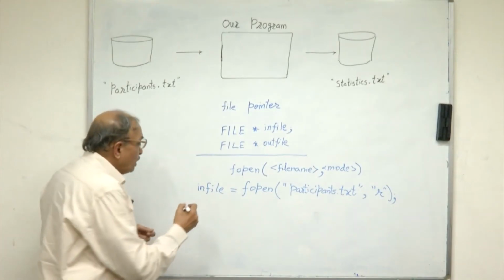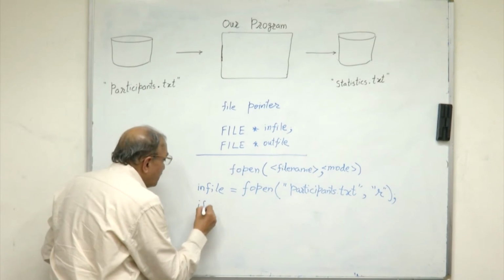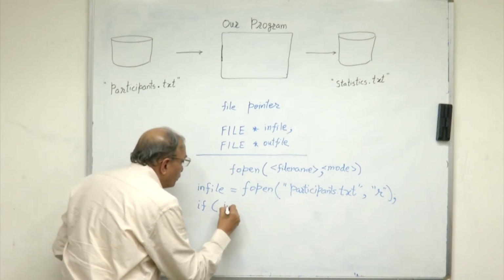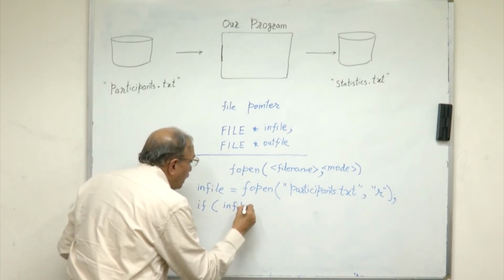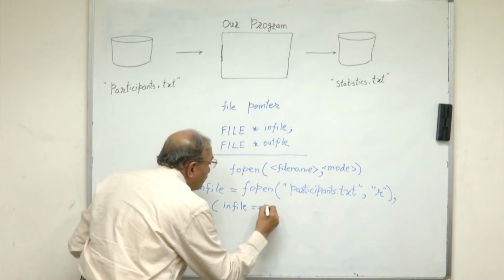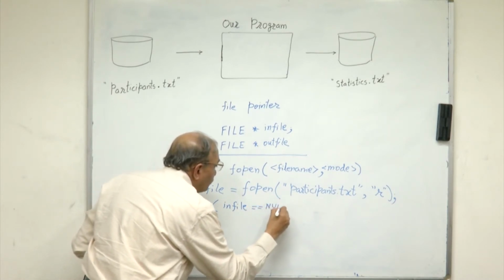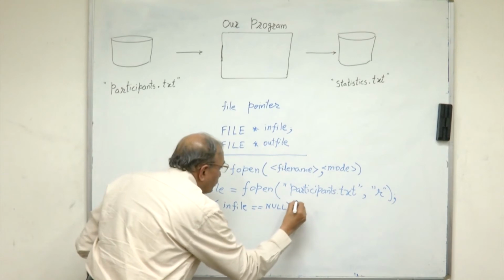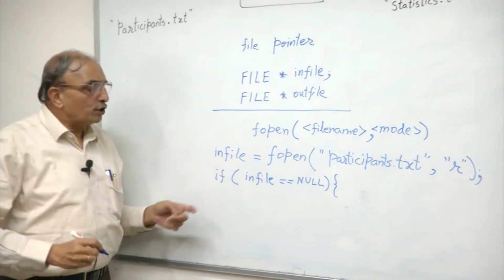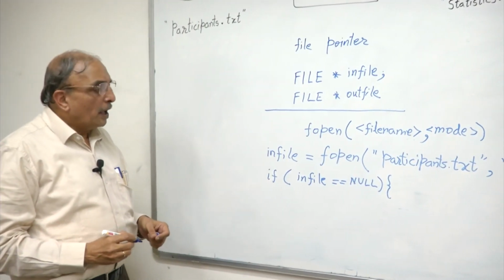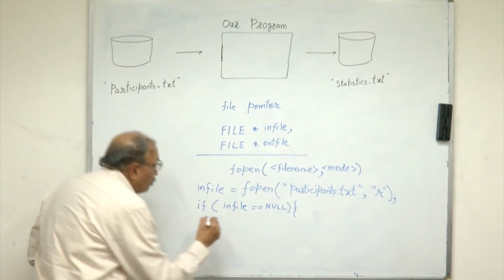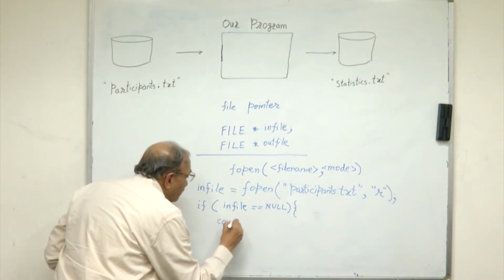That means infile will be a null pointer. We can actually do that testing by saying if infile equal null, that means I was not able to open the file. I can simply output a message.